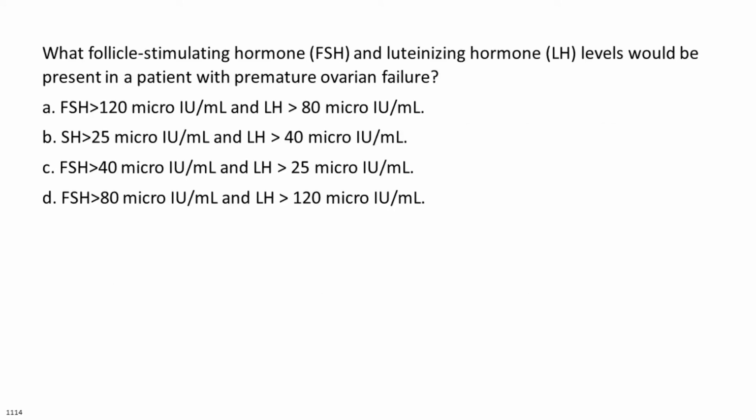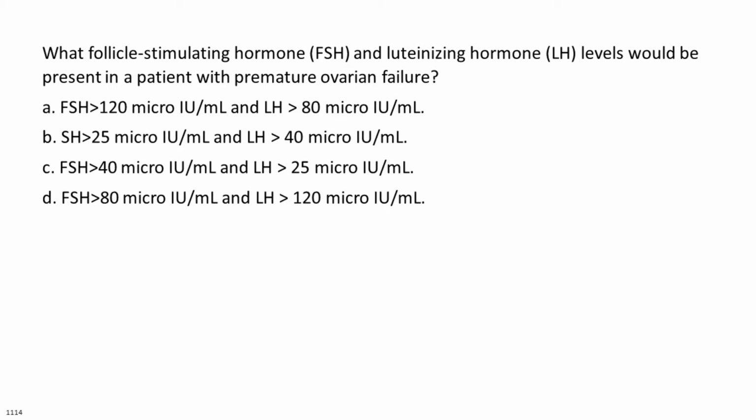What follicle-stimulating hormone, FSH, and luteinizing hormone, LH, levels would be present in a patient with premature ovarian failure? A. FSH greater than 120 micro-international units per ml and LH greater than 80 micro-international units per ml.